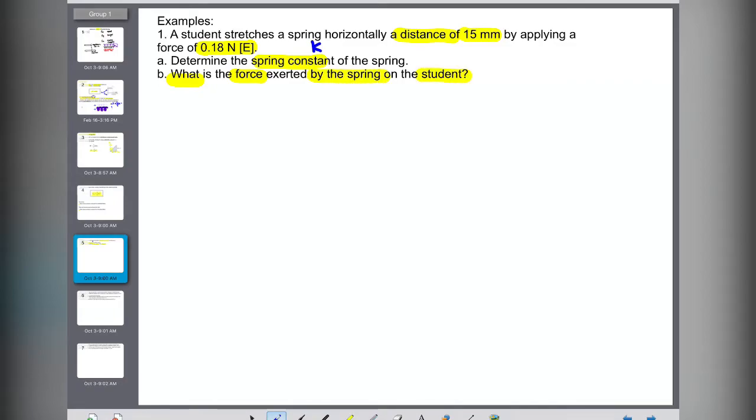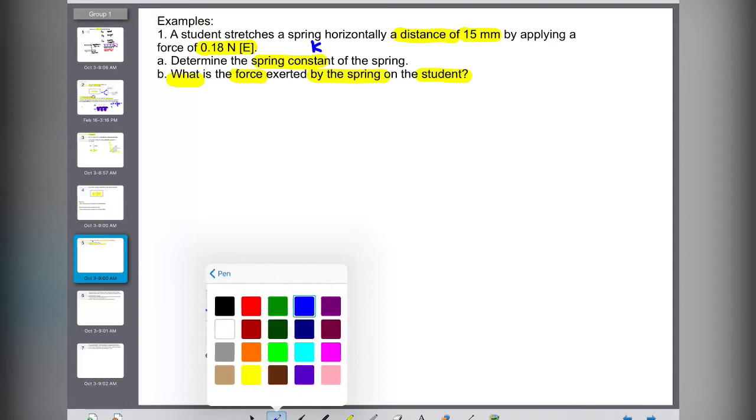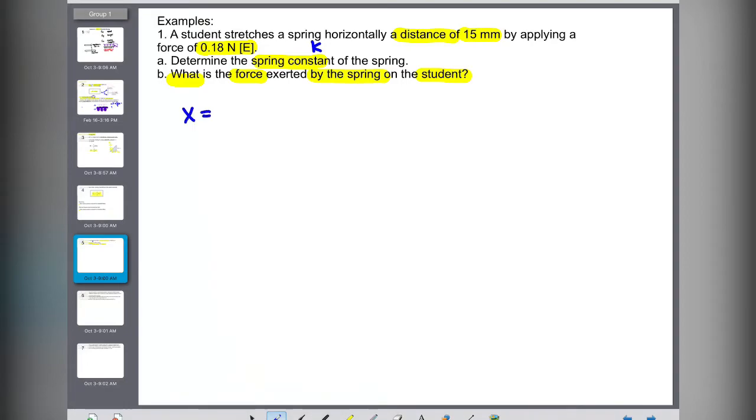Okay, so the student is stretching the spring. They gave me x equals 15 millimeters. Hopefully you're good to convert that into meters: you divide it by 1,000. That's the only trick to the question. They gave you the force. The student is pulling it at 0.18 Newtons to the east.